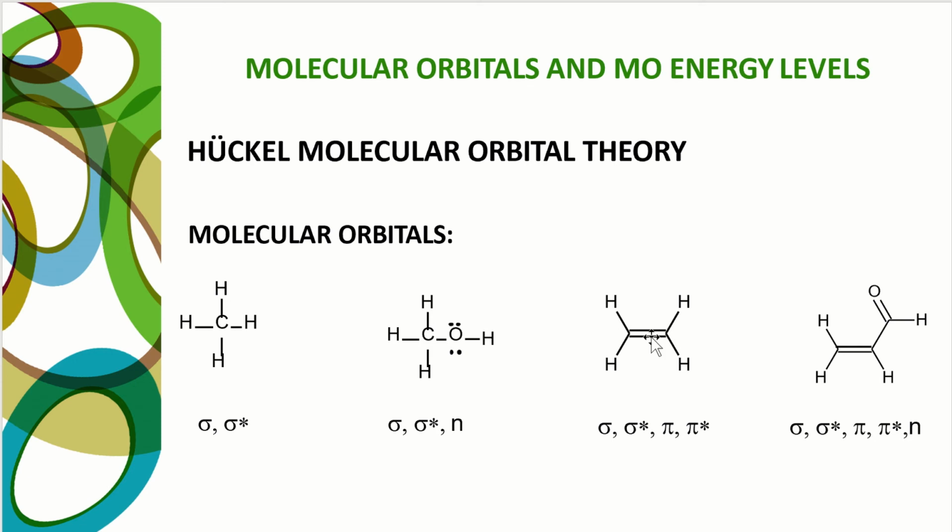And then when you have a molecule with a double bond like ethene here, we have a mixture of single and double bonds. So we have the appropriate molecular orbitals here. And then when you have a mixture of all of them, that is single bonds, double bonds, and elements which have non-bonding electrons, then we have all of the above that we mentioned.